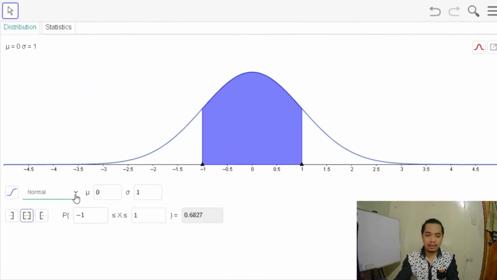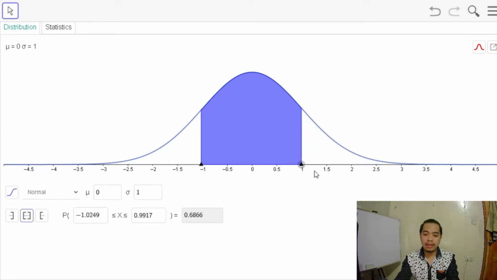If we set this one to normal distribution, what we see here is actually the graph. So this is what we mean by a normal distribution. We can see here two triangles that we can change. We can slide them to the left and to the right.